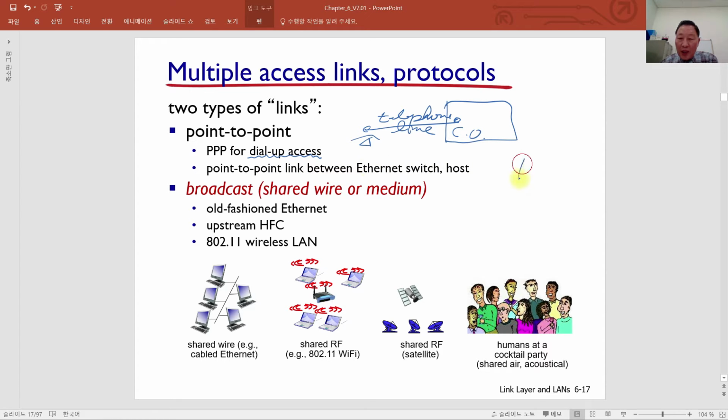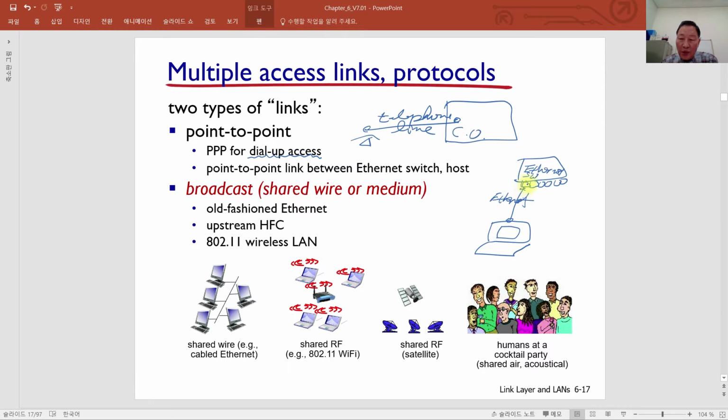Also between Ethernet switch, and there are many ports, and our computer here, that is an Ethernet cable.